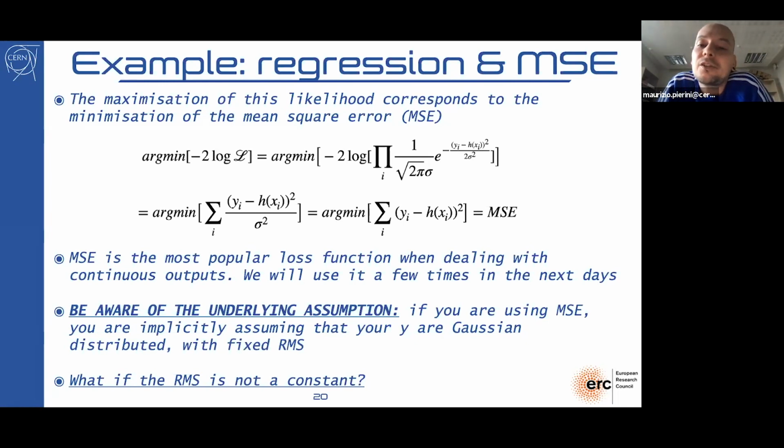So if you want to regress the energy of a particle with MSE, you're making a mistake because you're introducing an assumption which is wrong. But if you look at the literature, nobody cares and everyone uses MSE, which is not correct. So this is to give you an idea that when you read a paper about computer science and machine learning applications, you have to be very, very careful when you apply this to high energy physics and in general to science.